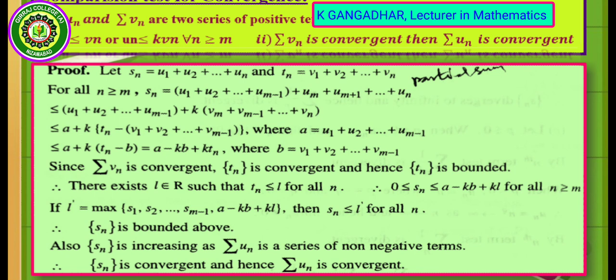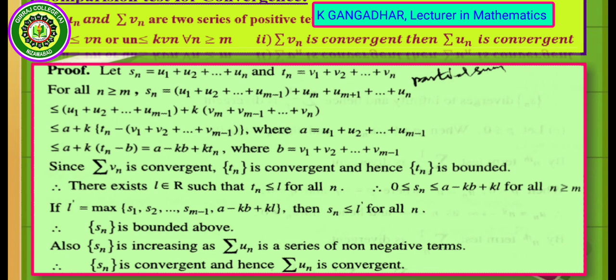So Sn equals u1 plus u2 plus so on plus un, and Tn equals v1 plus v2 plus so on plus vn. Now for all n greater than or equal to m, Sn equals u1 plus u2 plus so on plus um minus 1 plus um plus so on plus un.